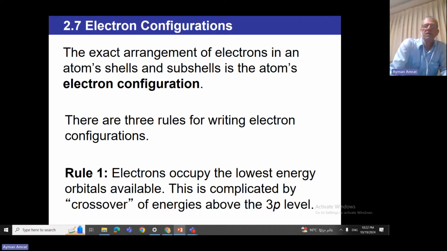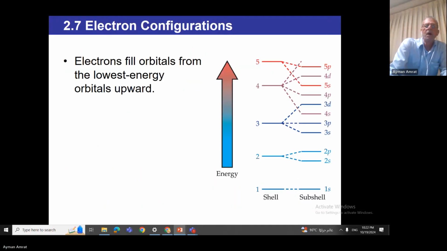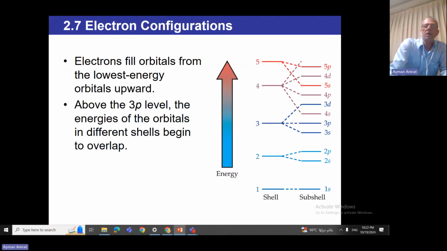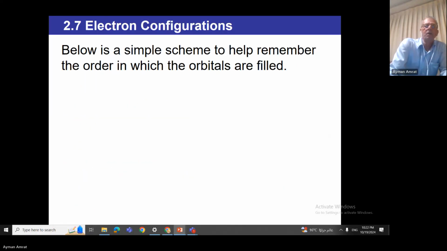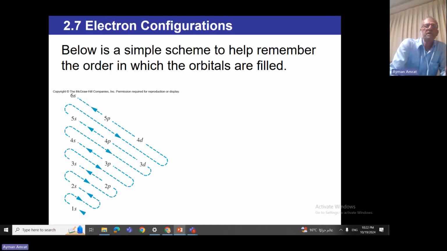Electrons occupy the lowest energy level, then higher and higher, but take into consideration that there is overlap between shells starting from the 3d level and up. So use this scheme to fill electrons from the lowest to the highest.